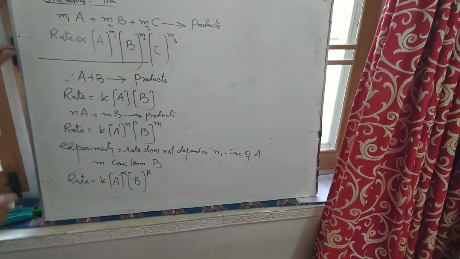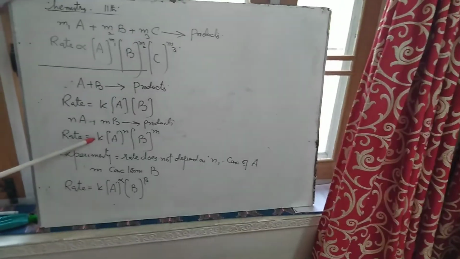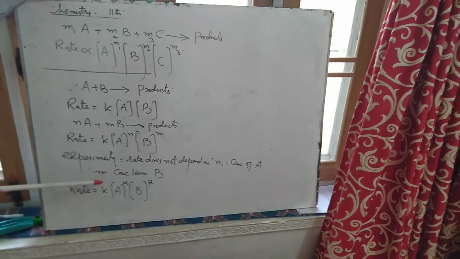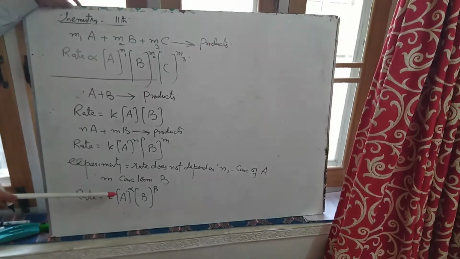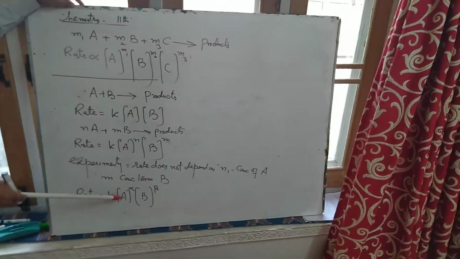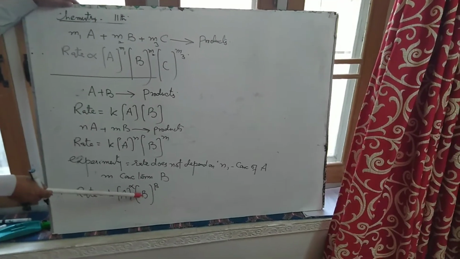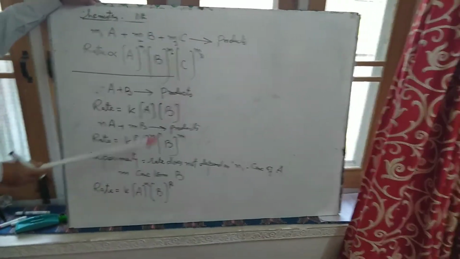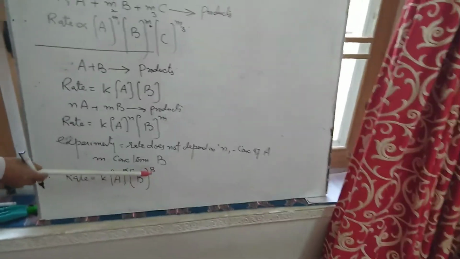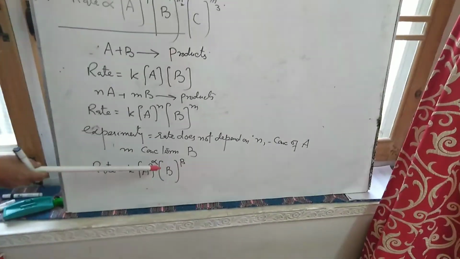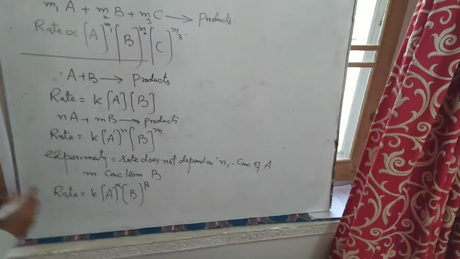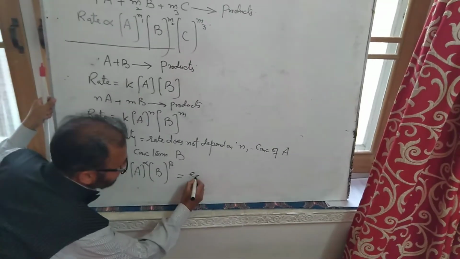In the first term, it was in accordance with the law of mass action. Now in the second term which I have shown here, the molar concentration of A and molar concentration of B, but the powers I have written as alpha and beta. These powers, alpha and beta, have been observed experimentally.